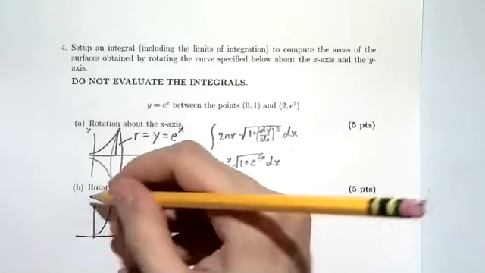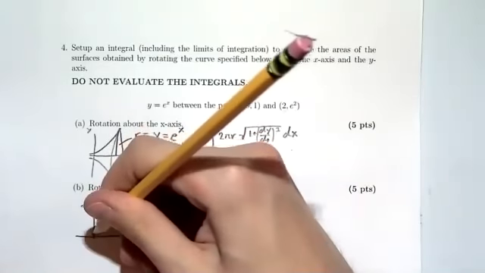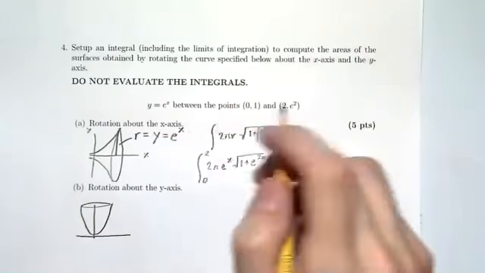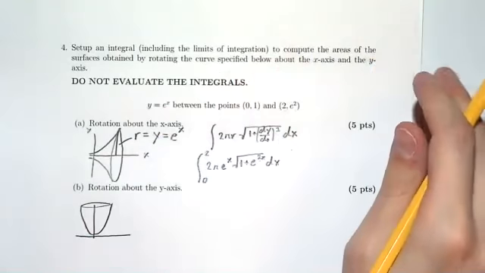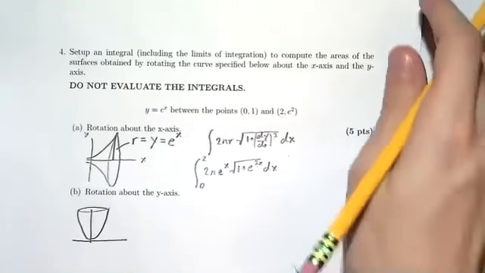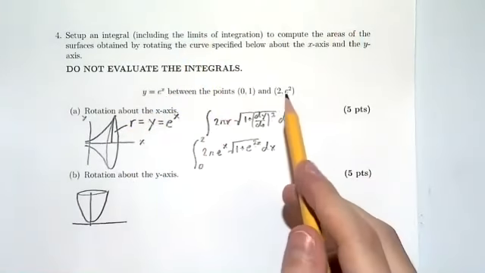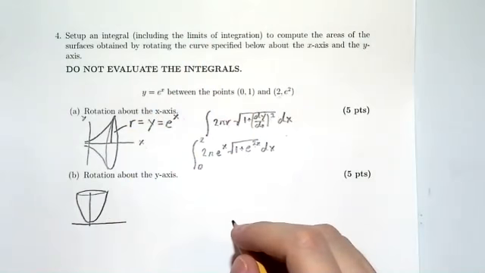So we have that. And now we're rotating around the y-axis. So we'll go something like here. It looks kind of like x squared, but that's just because of how most parabolas and exponentials look.